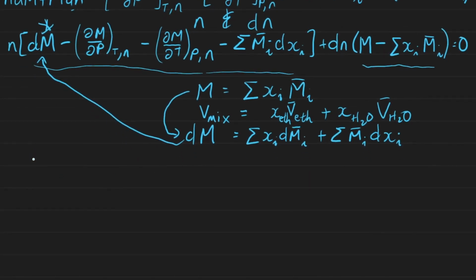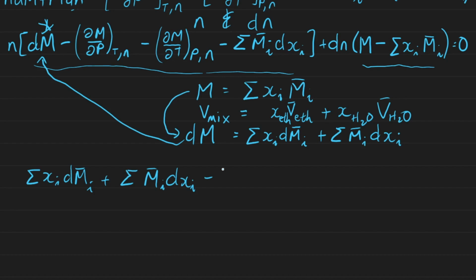If we do that, then we're going to get whatever this is. So it's equal to this sum of xi dm bar i. That's the first part. Then plus this sum of m bar i times dxi, the second part. And then we write what's left.